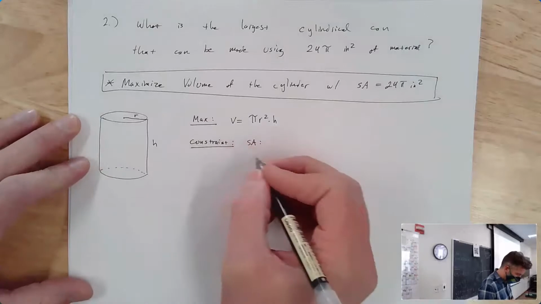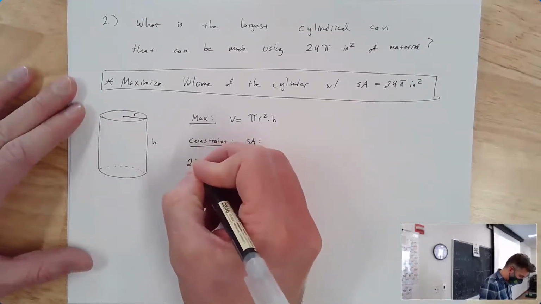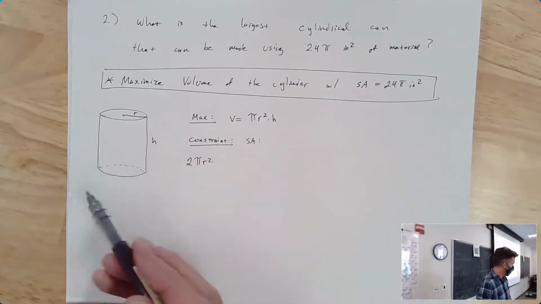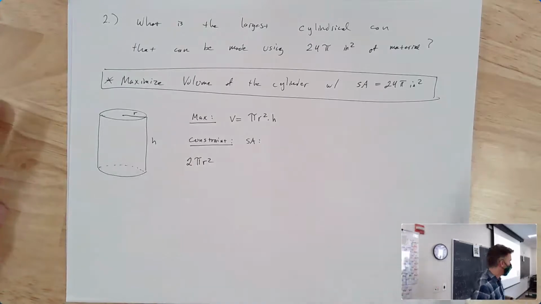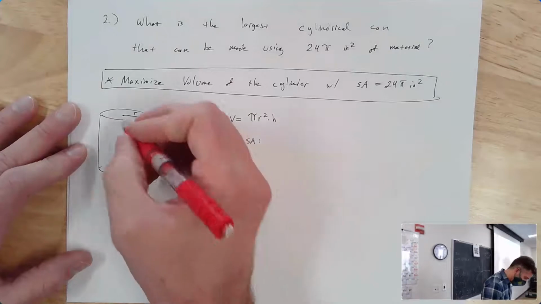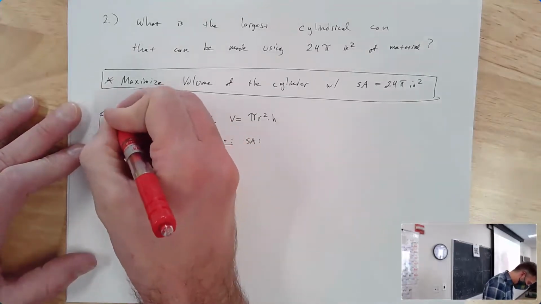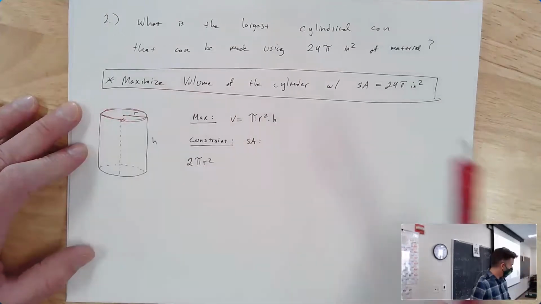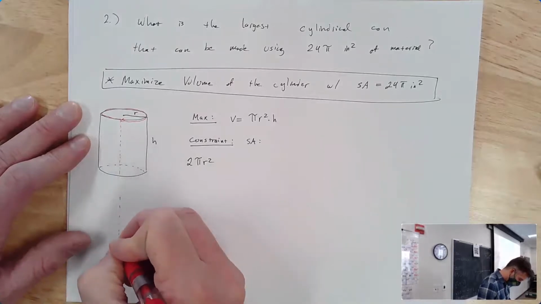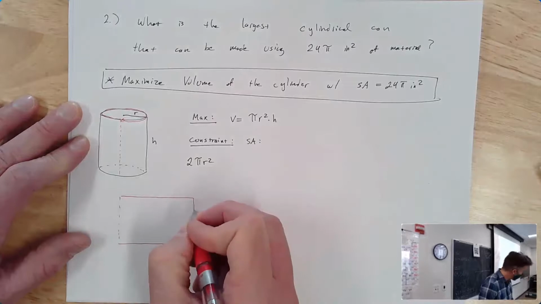So our surface area is going to be the top area plus the bottom area, which is pi r squared twice. And then you have the around part, which I always think about as a roll of paper towels. If I took a paper towel that went all the way around the roll, took it off and unrolled it, what kind of shape would I have? Anybody?